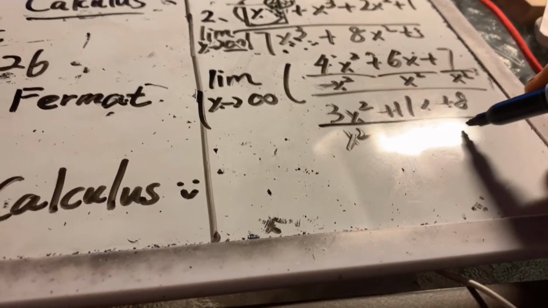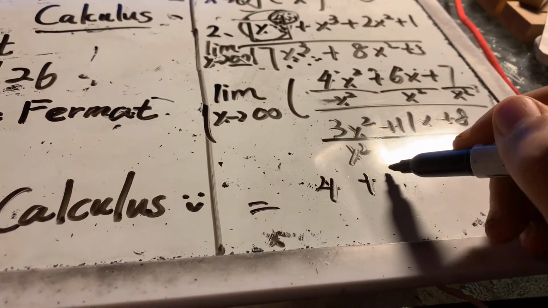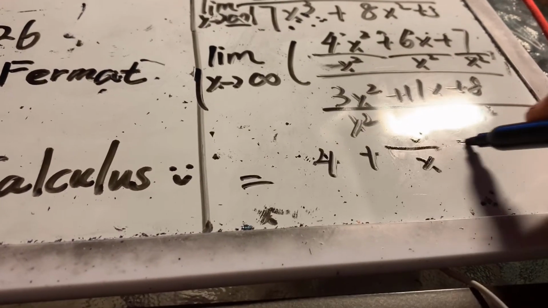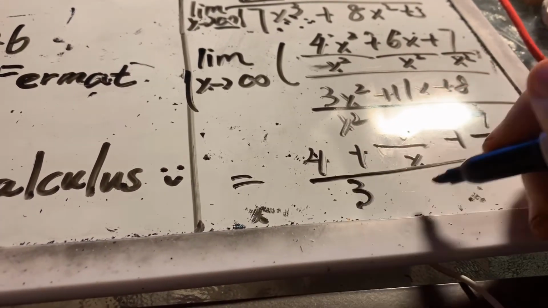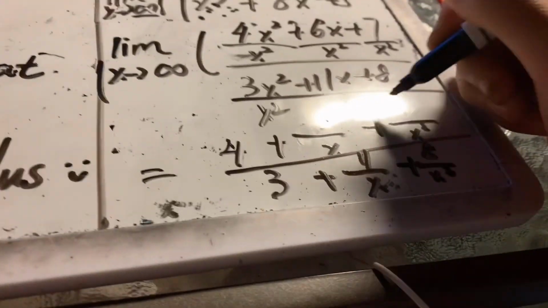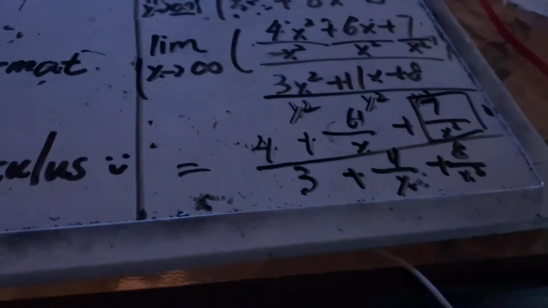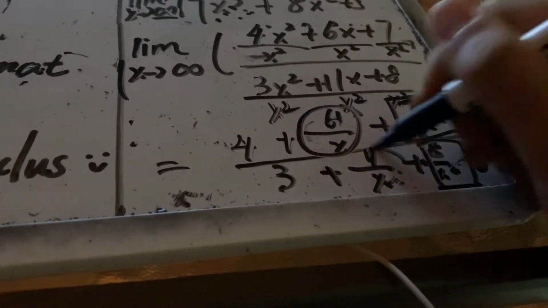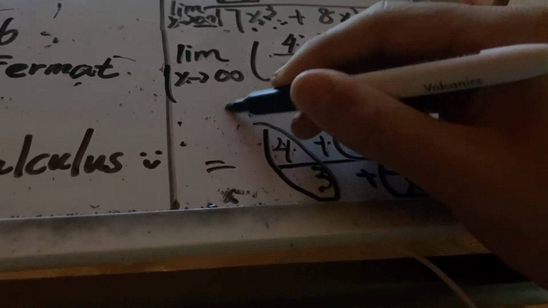So you get 4 plus 6 divided by x plus 7 divided by x squared, over 3 plus 11 divided by x plus 8 divided by x squared. The terms with x in the denominator all go to 0 when x gets infinitely large. So the result is 4 over 3.